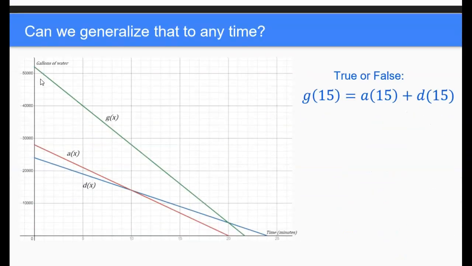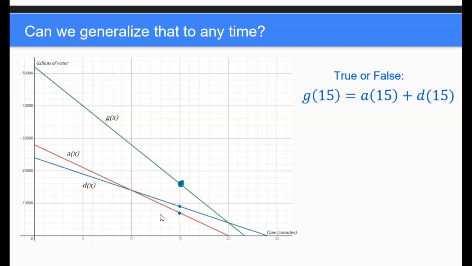Now, can we generalize that to any time? Is that true at 15 minutes as well? Can we add this point and get this one up here? Well, let's look and see if it works. We can find out what these numbers are, right? So these are each 2,000, 2,000, 4,000, 6,000.